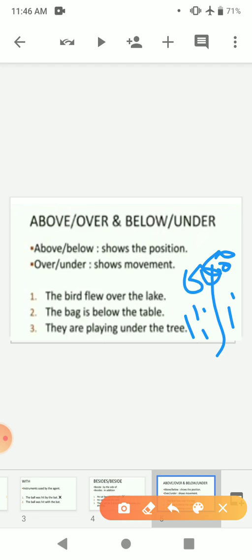In order to show some movement, in order to show some motion, we use under and over. So they are playing under the tree. Under, because we will not use below, because they are in movement, they are playing, they are in motion.